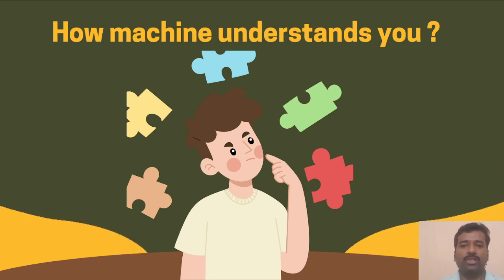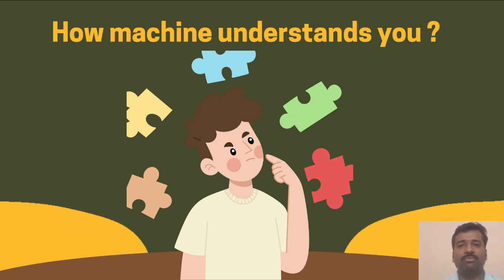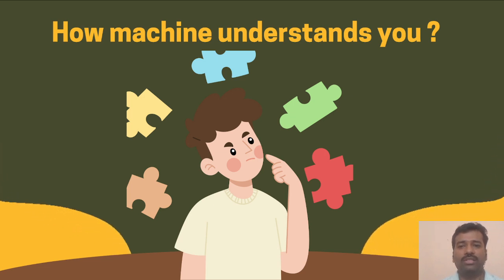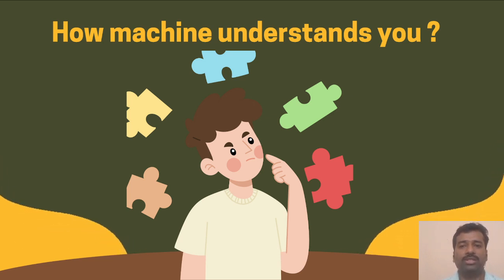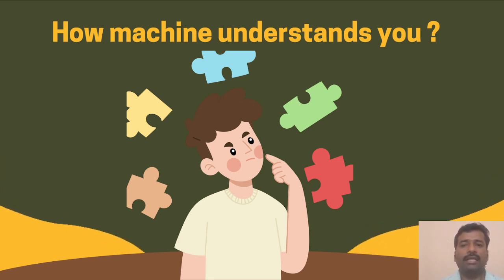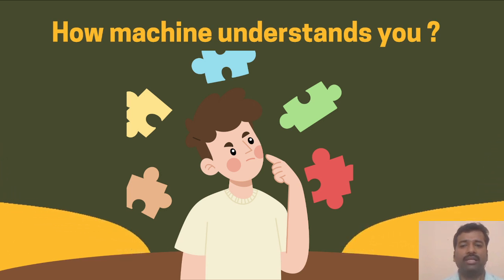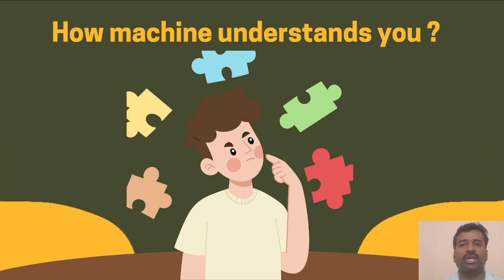So our major objective is to make sure that our machine will not only understand the words but understand your intent. Such applications will help us find data patterns and linguistic models that make our human-machine interaction more efficient.